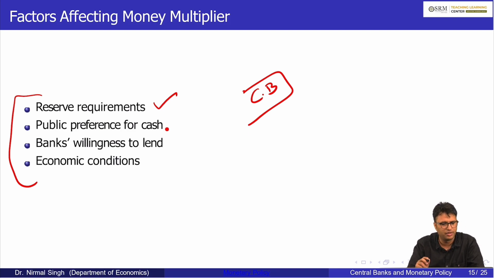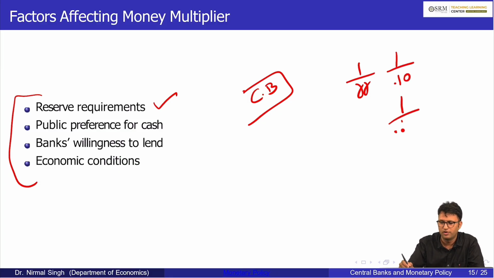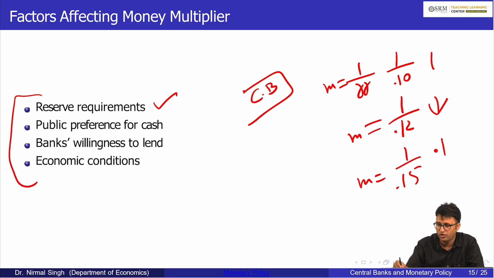That will impact the money multiplier. For example, earlier it was 1 upon 0.10, if it is increasing to 1 upon 0.12, that means the multiplier's value is going to fall. As the reserve requirement increases, the M value is going to fall.